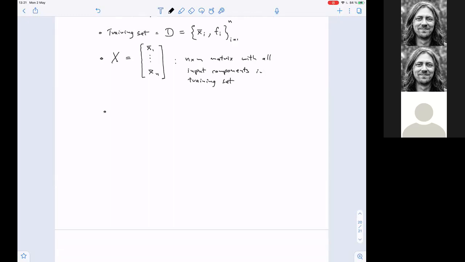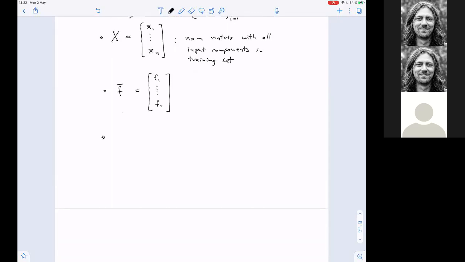And to go with that, we can say that we have an f vector, which is then the known function values f1 to fn.